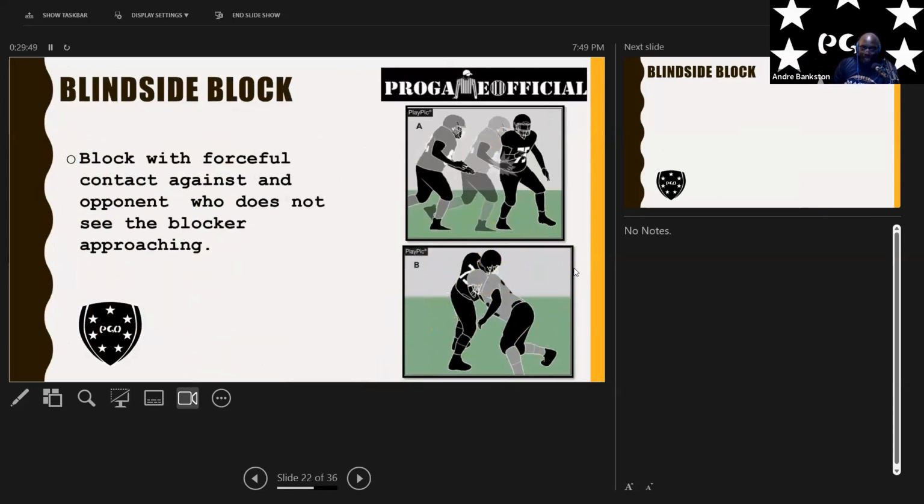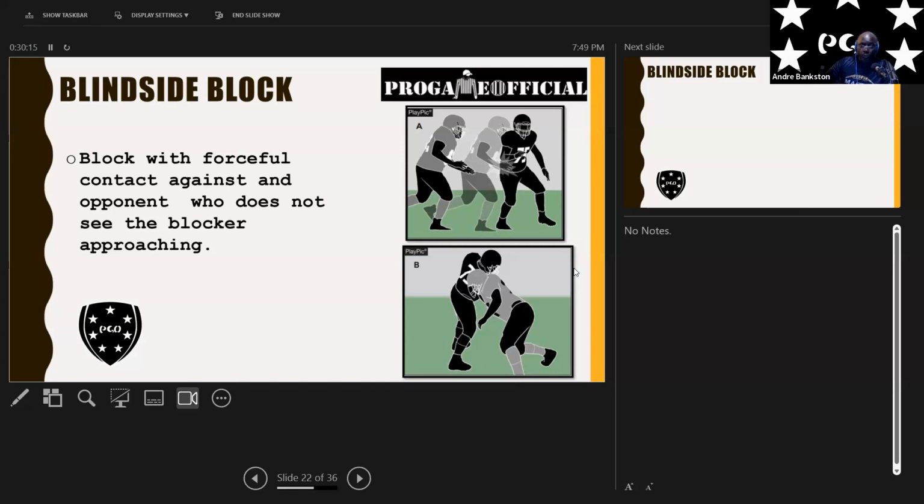All right, blindside block. It's a block with forcible contact against an opponent who does not see the blocker approaching. Now, this has always been part of football, right? Somebody coming up and cleaning the clock of someone else. Man, people have been getting seriously injured, and this is no longer tolerated, and we should not tolerate it.